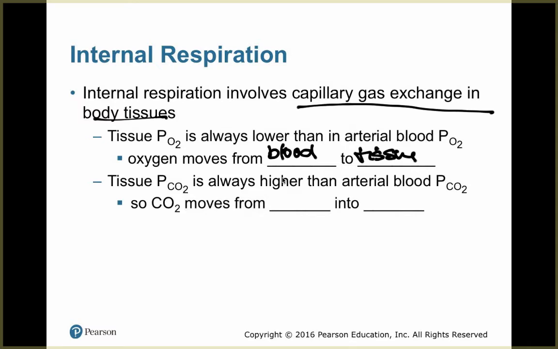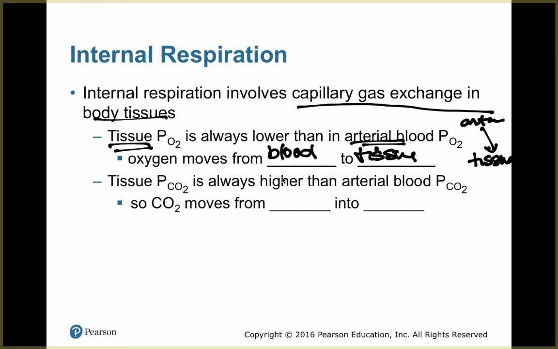So that's why it's always lower in the arterial blood. It's always, the tissue is lower for oxygen than the arteries themselves. And so, because remember, just like in diffusion, you go from high to low. So because the arteries have more oxygen than the tissue, that's going to essentially help mediate oxygen to move from the blood to the tissue.